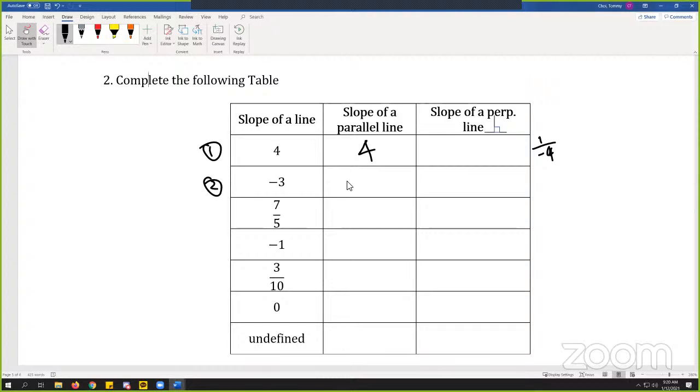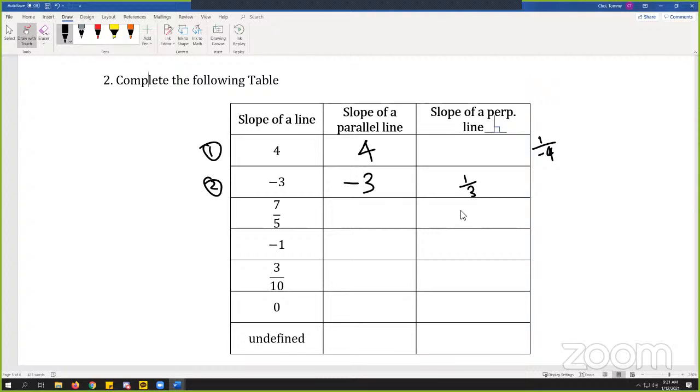Not 3. Should be -3. What about the perpendicular line? Close. Should be 1 over 3. Should not be negative.